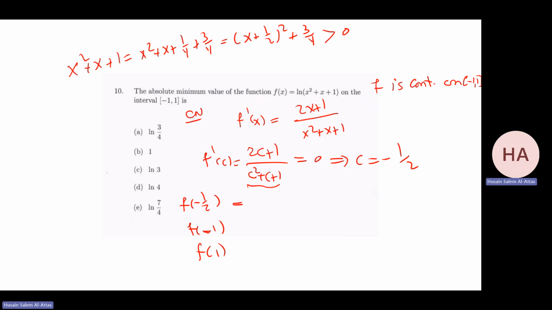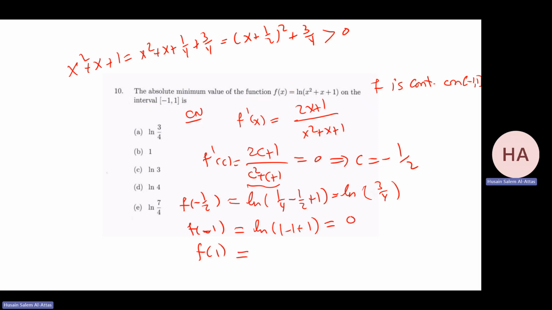F at minus half will be ln of 1 over 4 minus half plus 1, and that will be ln 3 over 4. F of minus 1 will be ln of 1 minus 1 plus 1, and that will be 0.